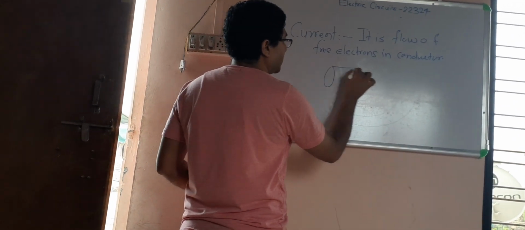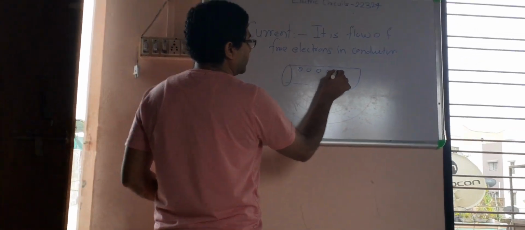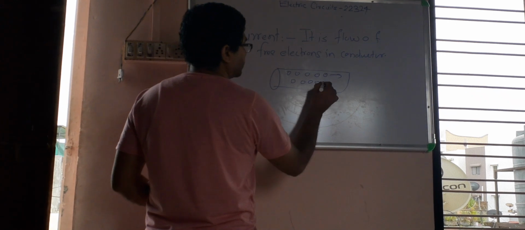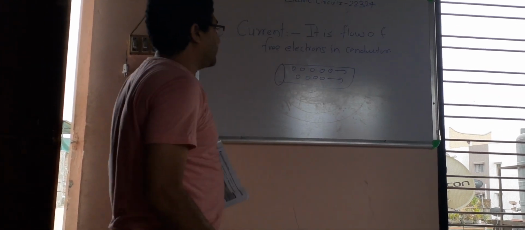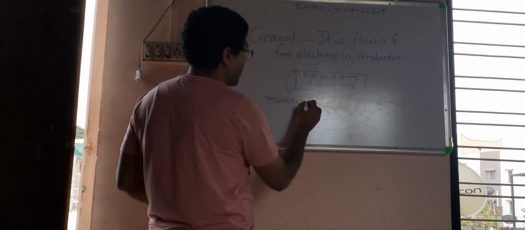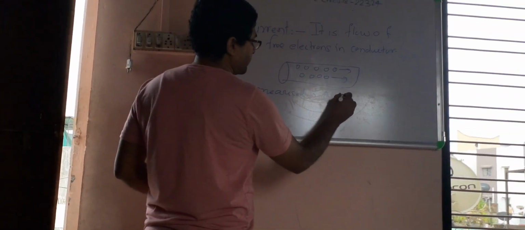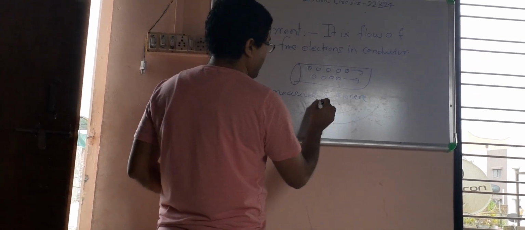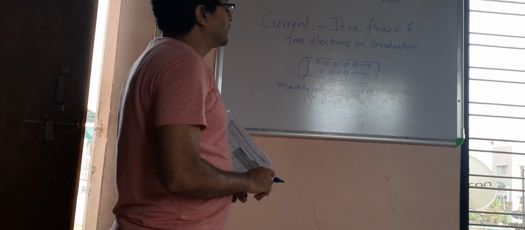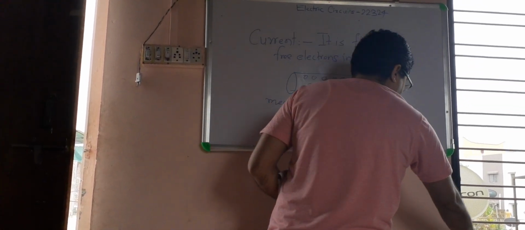We can see here a conductor, and these are the moving, motivated free electrons. So this is known as current, measured in ampere. Ampere, AMP, is its unit.